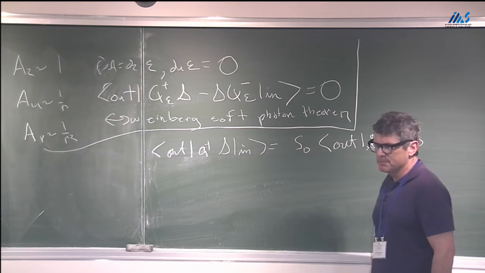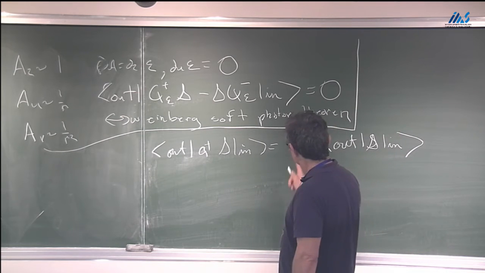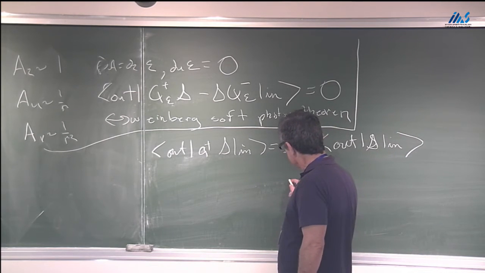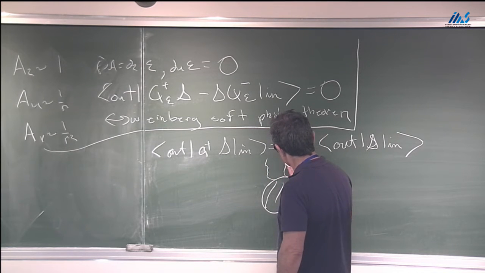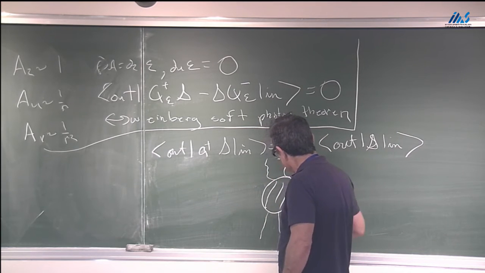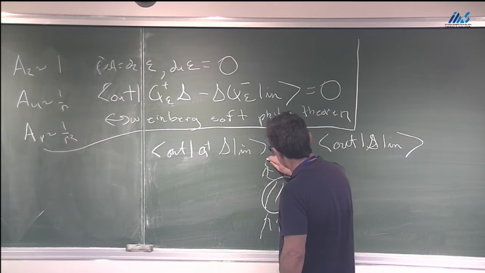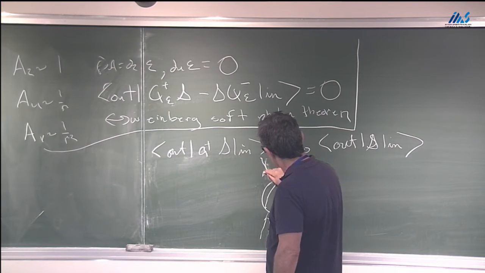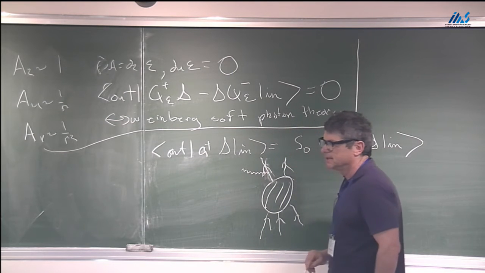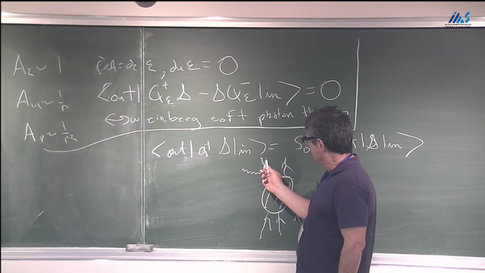Now, suppose there's magnetic monopoles in the theory. The way that this soft factor is understood is you say, okay, I've got my scattering amplitude. It's actually a very simple argument. I've got a bunch of stuff coming in, a bunch of stuff going out. And now, let's say this is a charged particle. I add a little soft photon here. And then I have to do LSZ reduction.